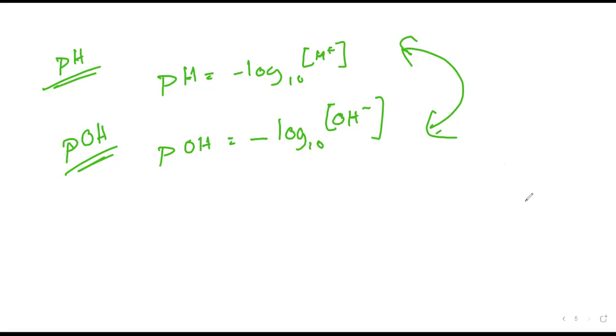Now we can do a slight calculation. How do we do the pH calculation? Let's say, for example, the concentration of HCl is given as 0.2 mole per dm cube.